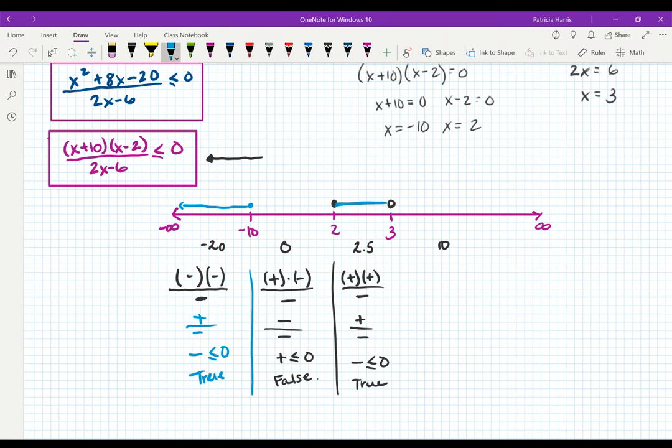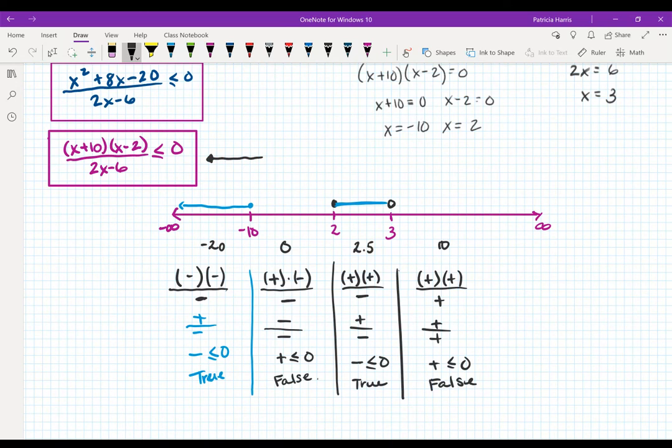So I'm going to shade. Okay, now let's plug in our positive 10. Again, thinking of the signs. So 20 times an 18, that's positive times positive, and then divided by a positive. Positive divided by a positive is a positive. Less than or equal to 0? Nope, that is false. So we don't shade.